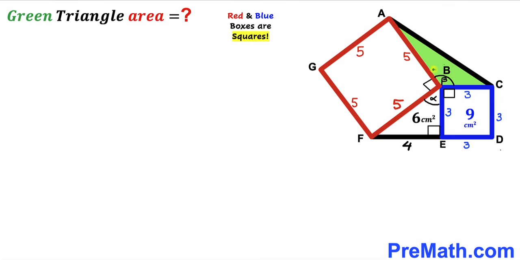The sum of all these four angles is equal to 360 degrees. We know this is 90 degrees and this 90 degrees makes 180 degrees. So alpha and beta, if we add them, equal 180 degrees.